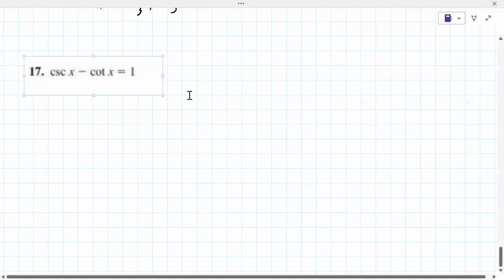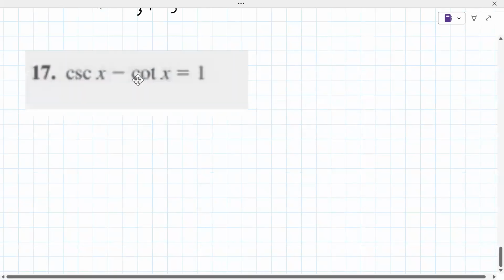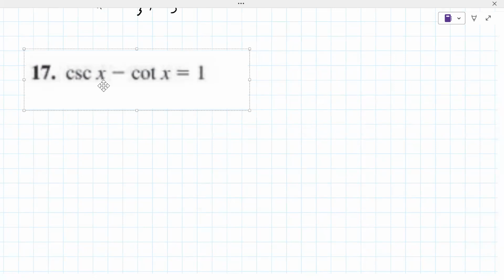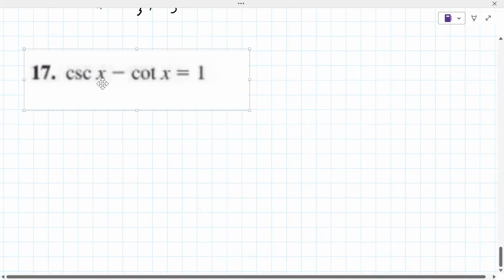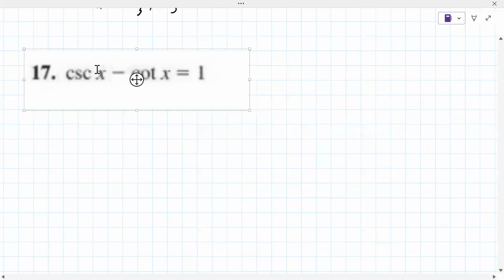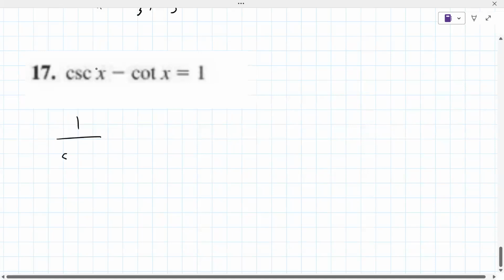So 17 here. The reason I'm bringing up this problem is that you can't use the Pythagorean identity because they're not squared. So the question is, how do you combine these? Sometimes you have to go back to sine and cosine.